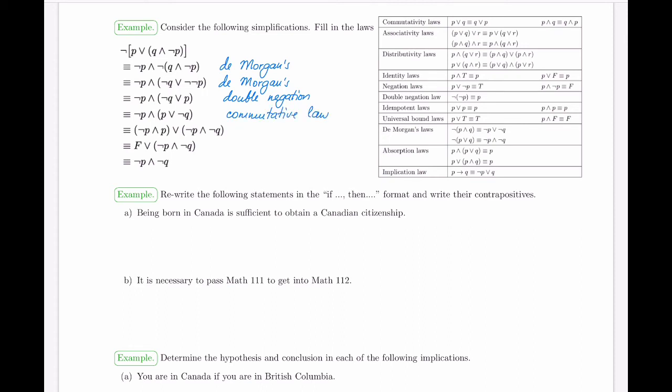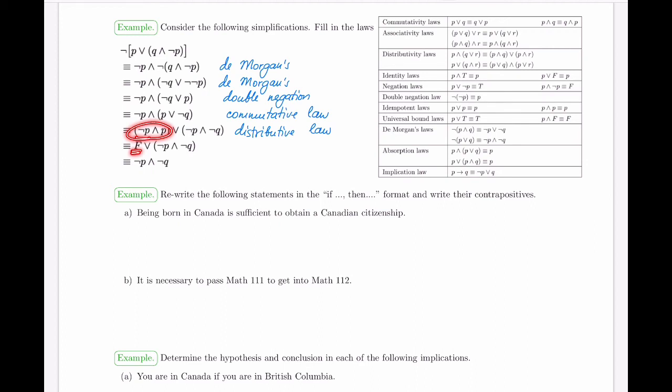In the next line, we went from this to this. Notice that the operations were opposite and we have expanded out the brackets. So this is a clear application of the distributive law. Next up, we've kept the second bracket but simplified the first one from not P and P to false.